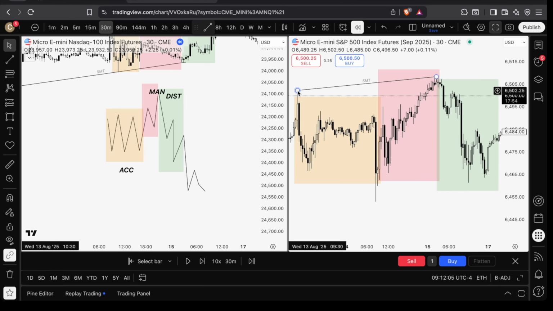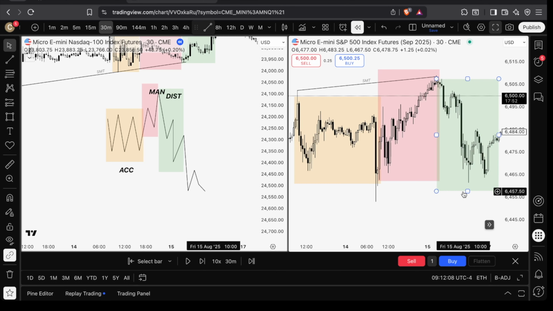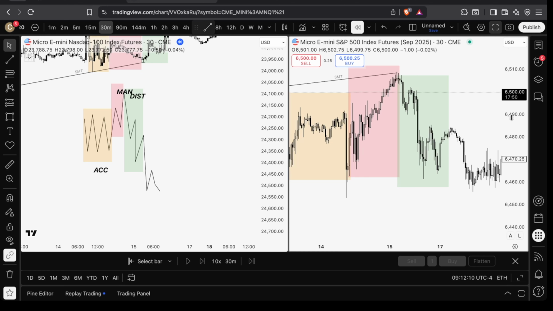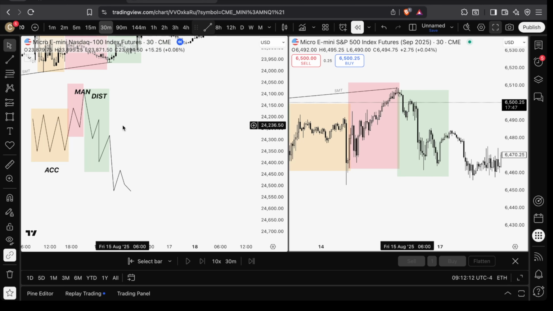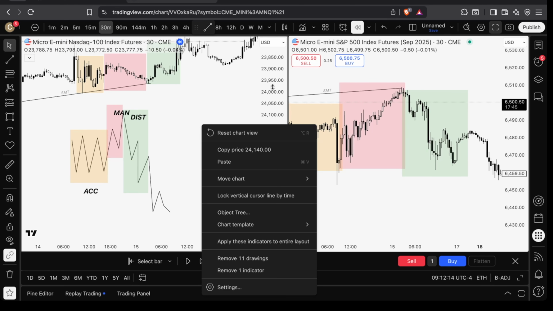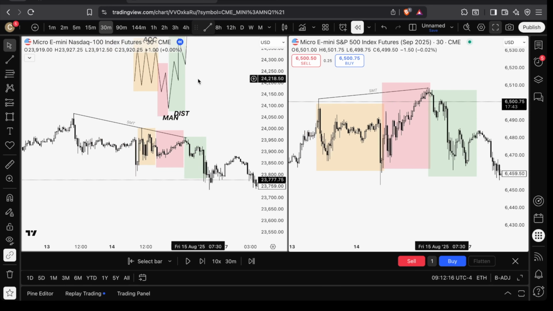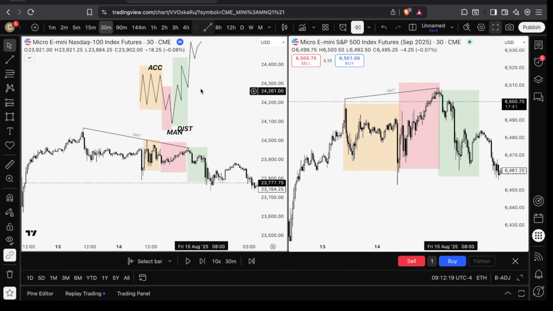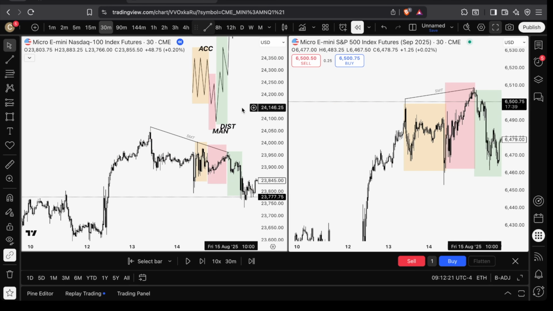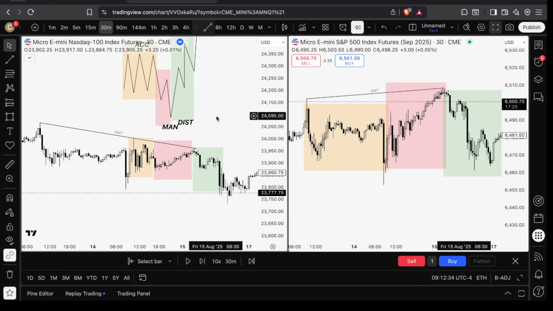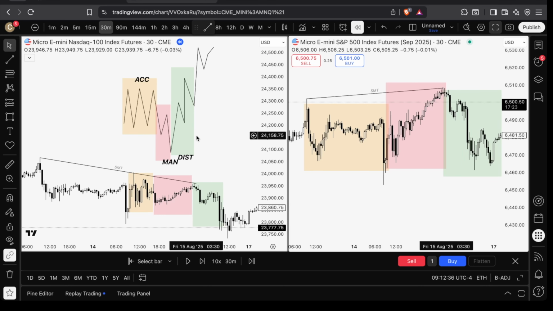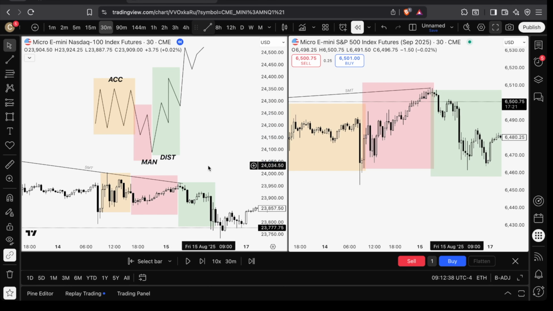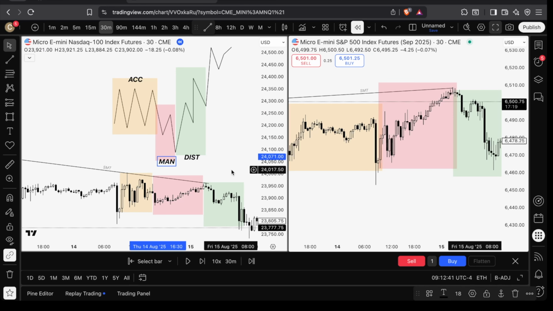We took this high right here and distribution to a bearish market. I mean, it's as simple as that. There's really not much more to talk about. You don't need to overcomplicate it. There is nothing much more to it again.